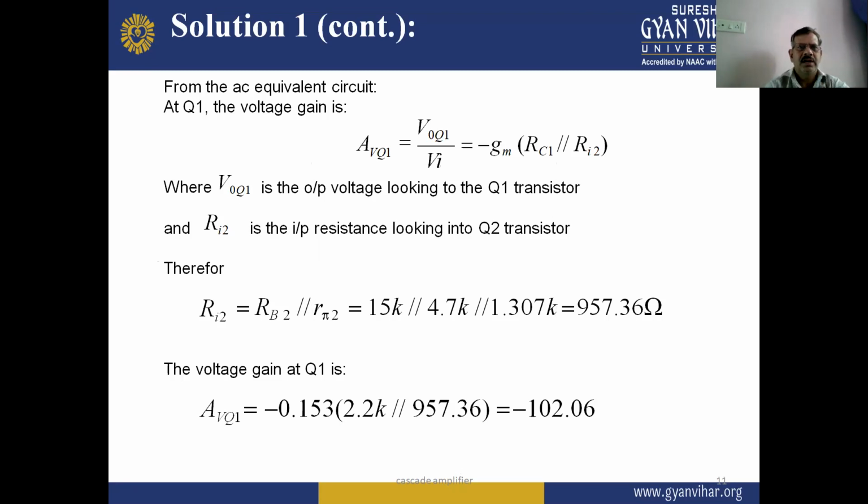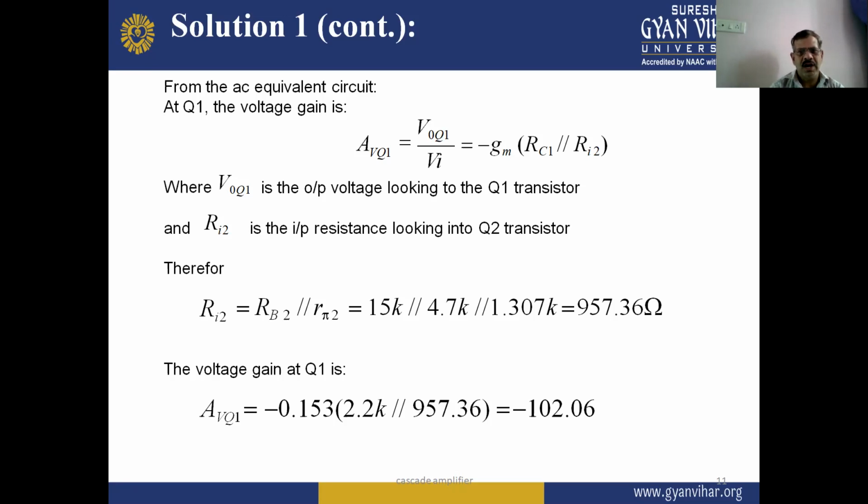From the AC equivalent circuit, at Q1 the voltage gain is Av Q1 equal to V naught Q1 upon Vi, and this is equal to minus gm and resistance RC1 parallel to Ri2, where V naught Q1 is the output voltage looking into the Q1 transistor, and Ri2 is the input resistance looking into the Q2 transistor.